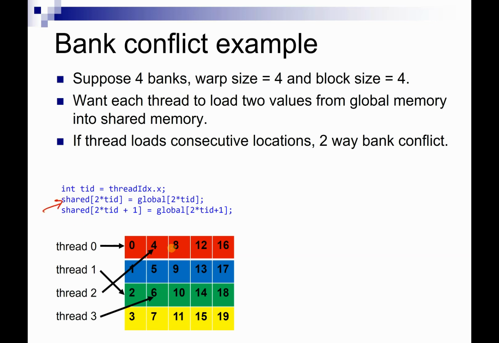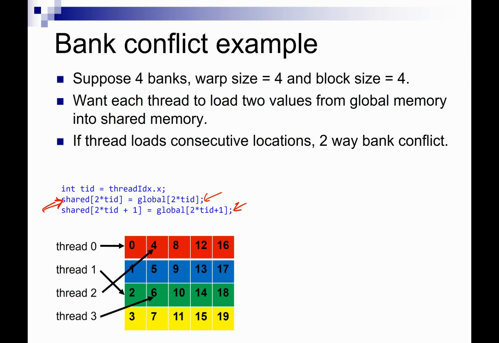Now if you look at the accesses they're making, in the first instruction you have a bank conflict between threads 0 and 2 because they're both accessing the red bank and different elements in the red bank. Also you have a bank conflict between 1 and 3 because they're both accessing the green bank. So this instruction is going to take 2 passes to finish.